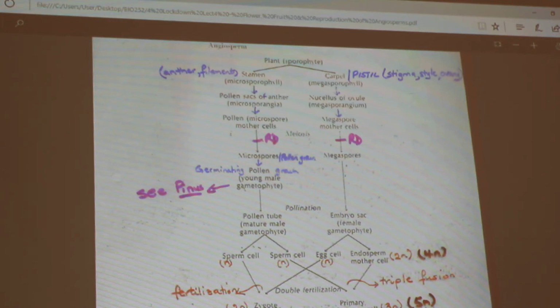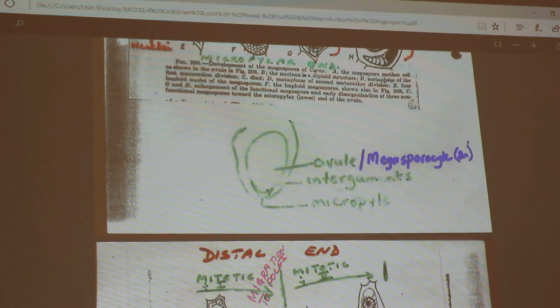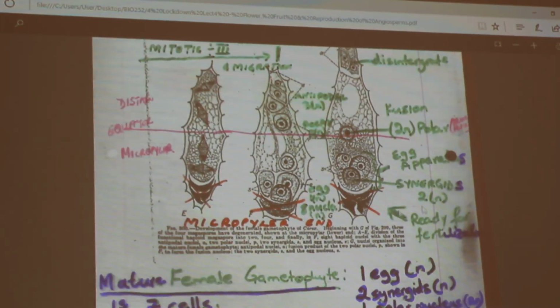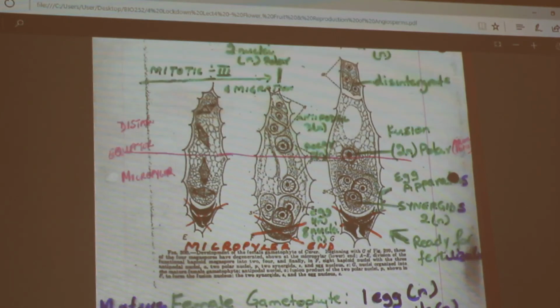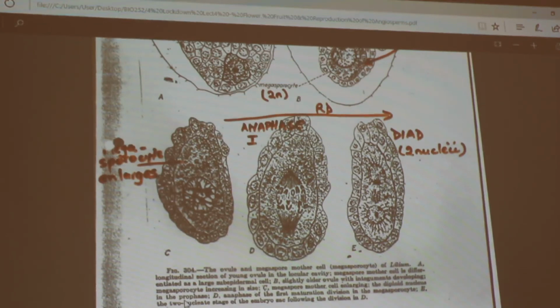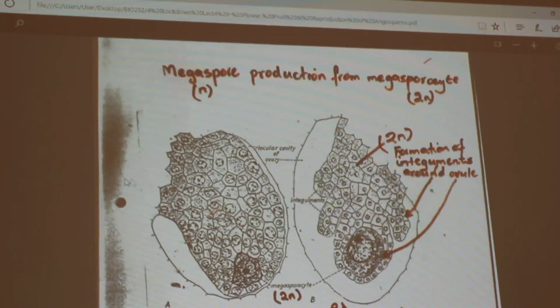In the diagram I showed you, this organism here is Carex. It could be anything you like, but here, this is Lilium. Lilium is a lily, and Lilium has a 5N endosperm.